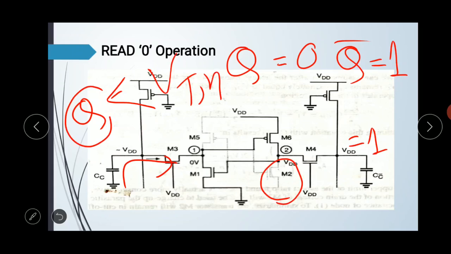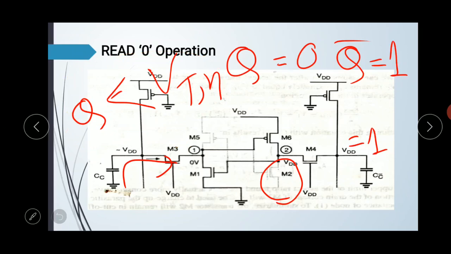So this Q point we can denote as V1. So V1 is always less than VTN. Only by maintaining this condition can we keep the data safe, whatever is stored in this memory.